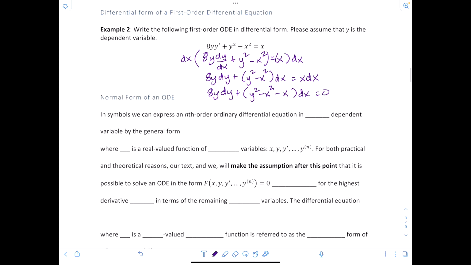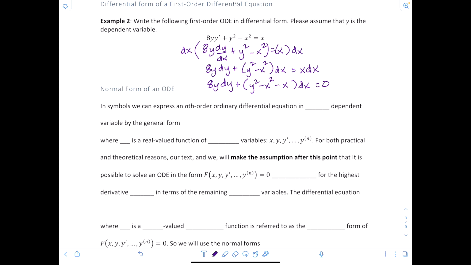Groovy? All right. So in symbols, we can express an nth order ordinary differential equation in one dependent variable by the general form capital F of x, y, y prime, all the way to the nth derivative of y, is equal to 0, where F is a real valued function of n plus 2 variables.